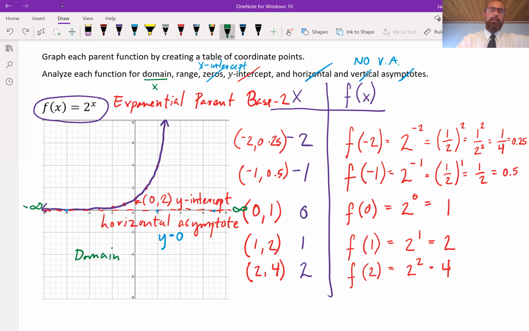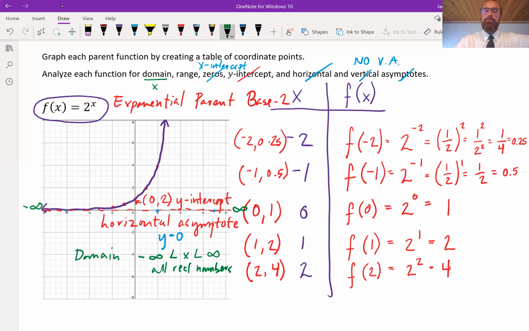So what I'm going to write is domain is from negative infinity, which is less than x, which is less than positive infinity. There's other ways to write that. We could write it all real numbers. Those are equivalent statements. There's also a very efficient way that we learned in Algebra 2 to write that same description, negative infinity less than x less than infinity.